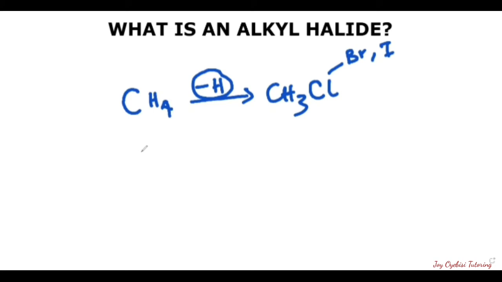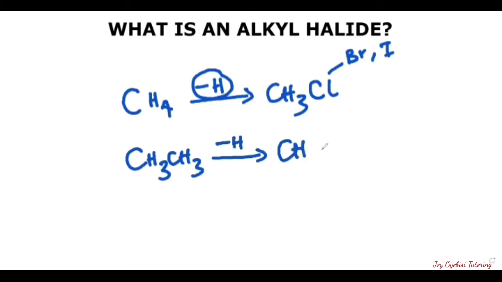Then, for example, you also have CH3CH3, losing one hydrogen gives you CH3CH2, replaced by a bromine. Okay? It could also be something like this.